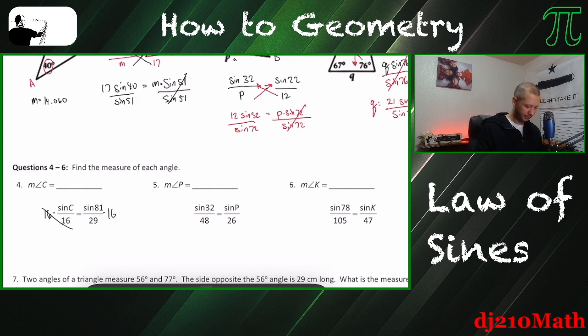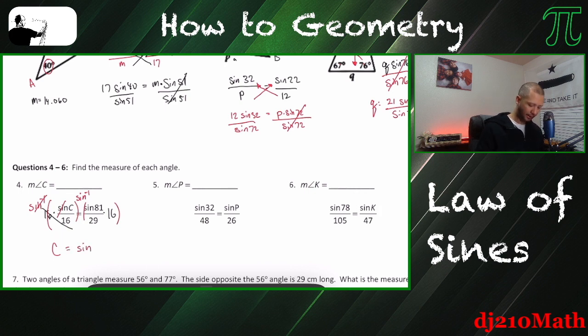Then, because it's sine, and this is law of sines, we're going to take the inverse sine of both sides. So this is going to be C, right? Because this sine and this sine cancel essentially, and we're left with C. We've unlocked it.